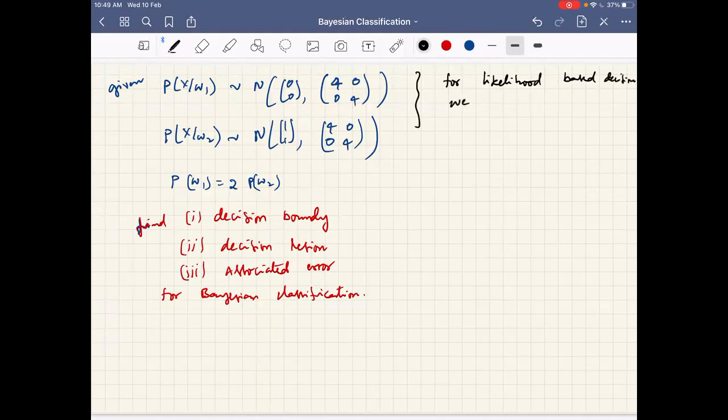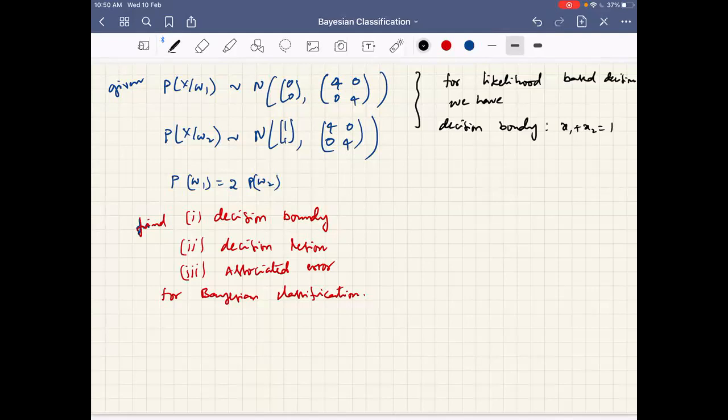We have what? Did anyone remember? X1 plus X2 is equal to 2 or 1? 1, 1. Right. This is the decision boundary we had.